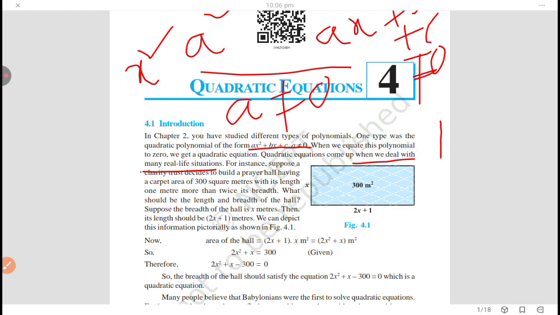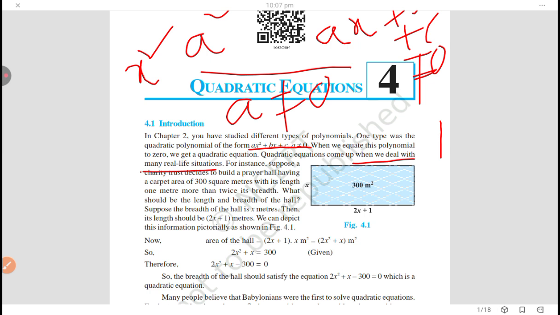For instance, suppose a charity trust wants to build a prayer hall having a carpet area of 300 square meters with its length 1 meter more than twice its breadth.